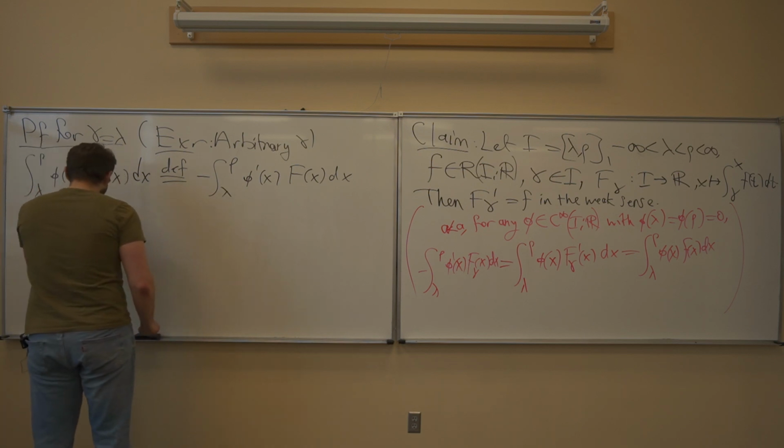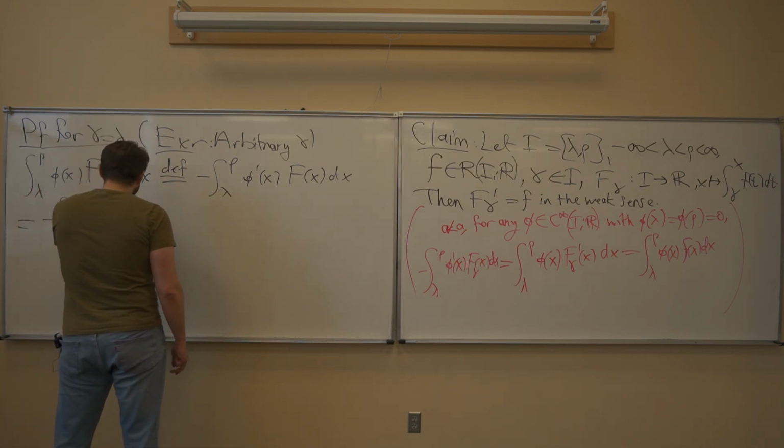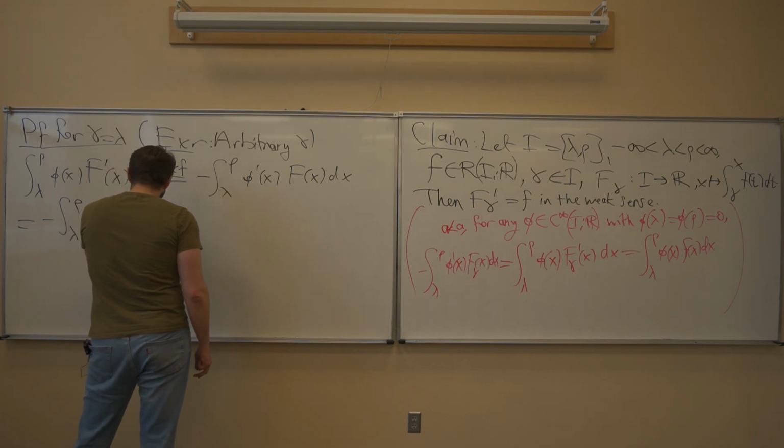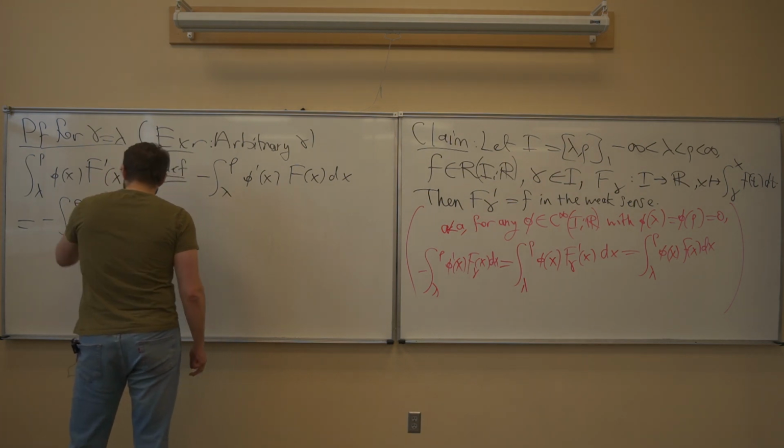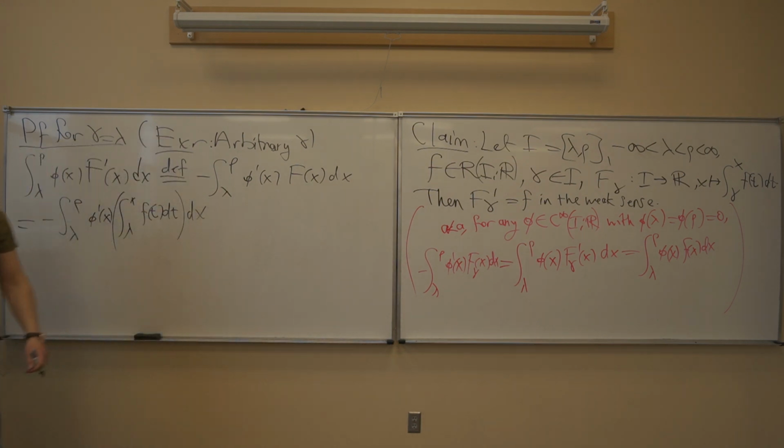You see, this is a single variable calculus statement, but somehow we're getting double integrals in it. I just wrote down the definition of capital F of x. It's an integral after all, and I have an iterated integral.